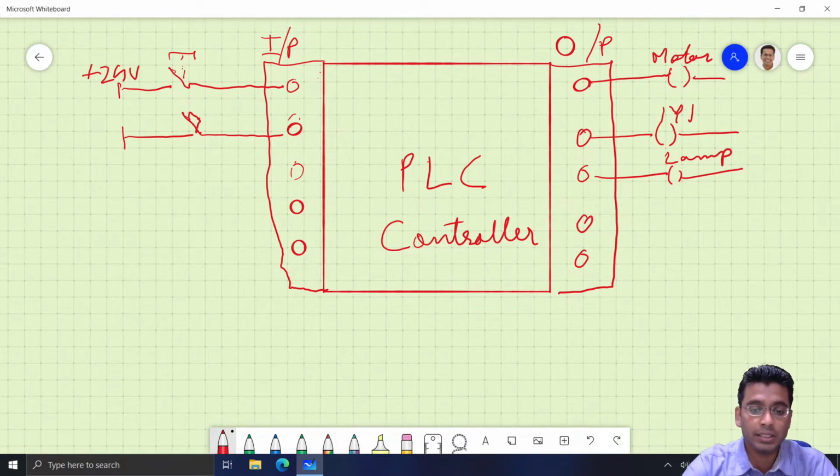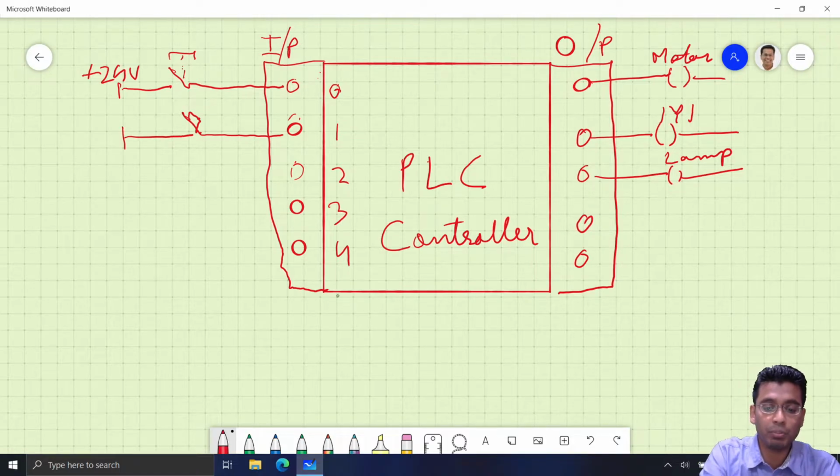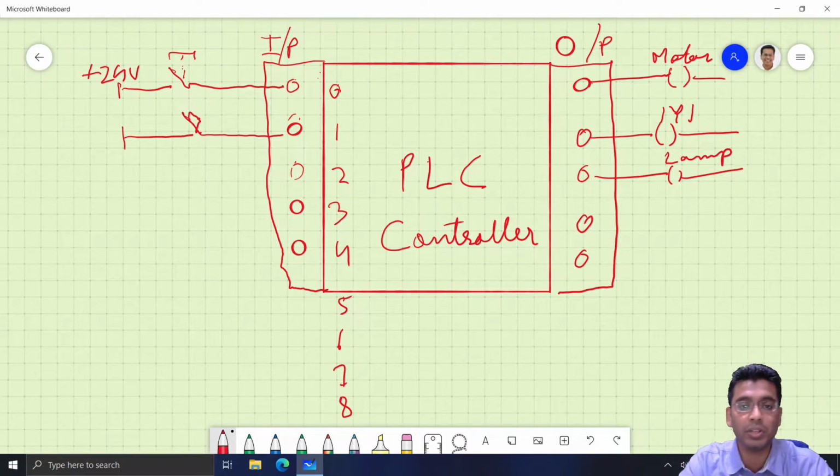Now these are all given a particular number. For example, I told you one digital input is represented by a 1 bit. So these are 0, 1, 2, 3, 4, all the way up to 5, 6, 7, 8, depending upon how many inputs you have here.